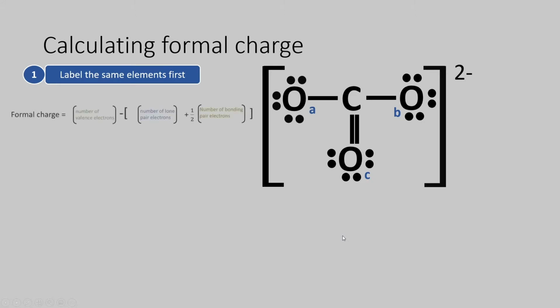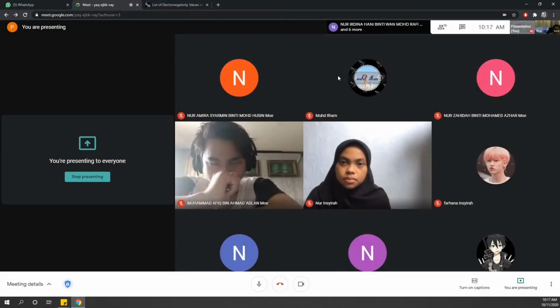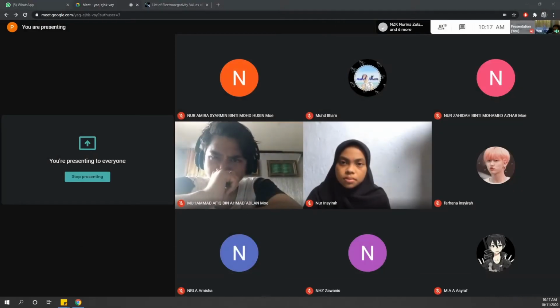So, the easy way is kita labelkan dengan A, B, and C. Okay. So kita tahu formal charge is number of valence electron minus, and then jangan lupa bracket ni, minus bracket of number of lone pairs tambah half of bonding pair electron. So, untuk carbon, tengok ni. Carbon valence, kita tengok dia adalah group 14 kan.